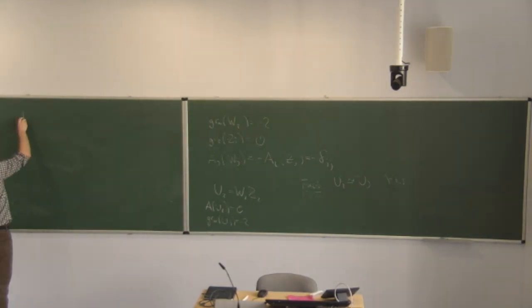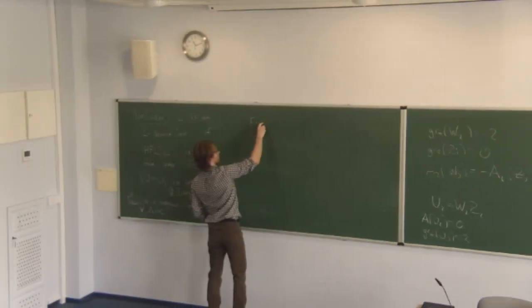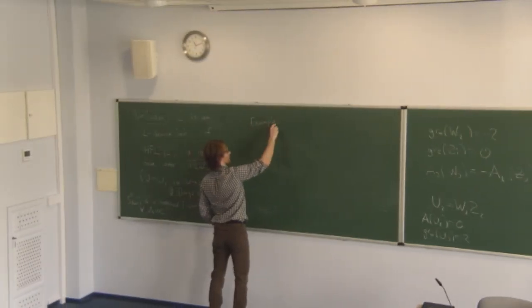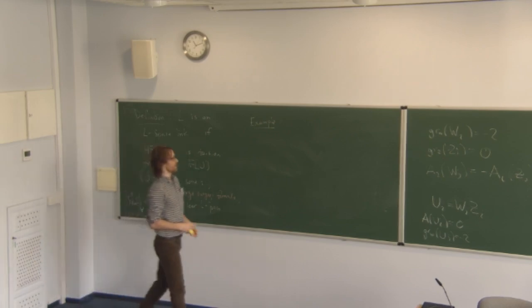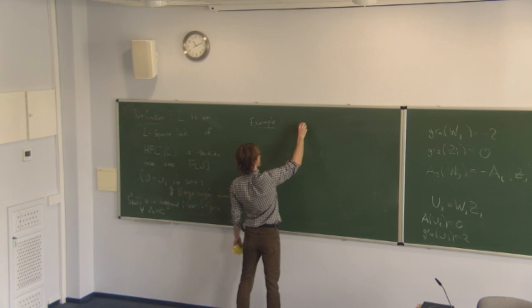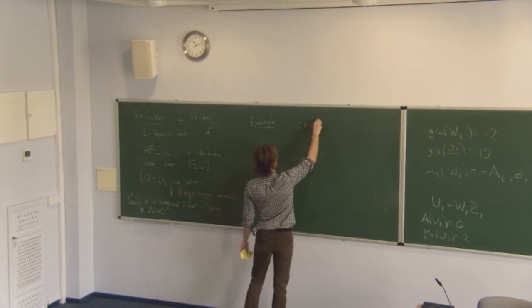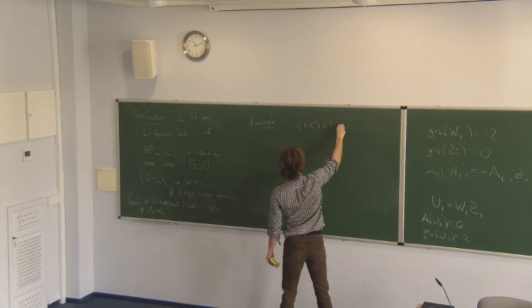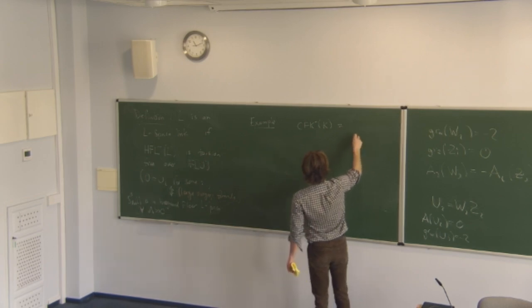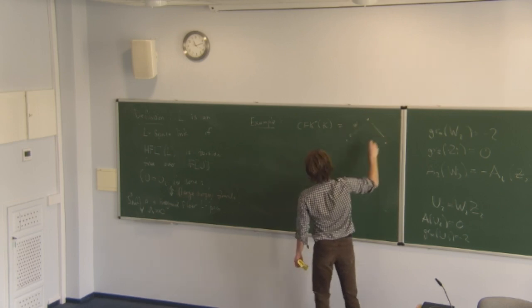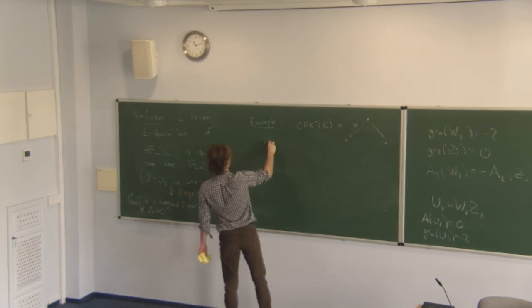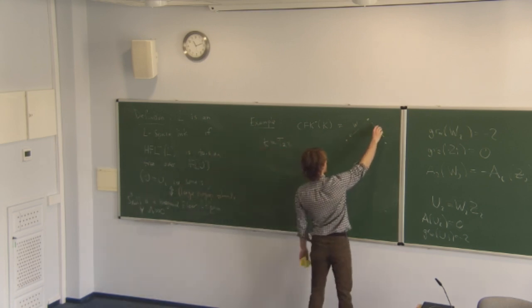So an example would be the trefoil. K is the right-handed trefoil, T(2,3). Over this ring, this version of knot Floer homology I'm working with, I can think of this as a staircase complex like this.